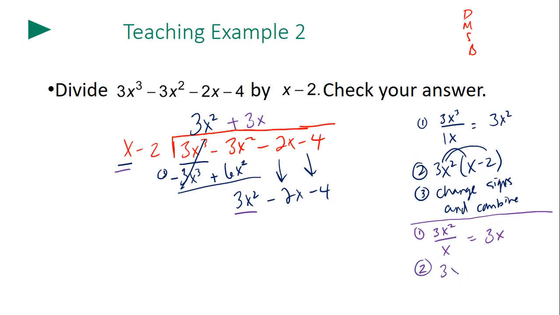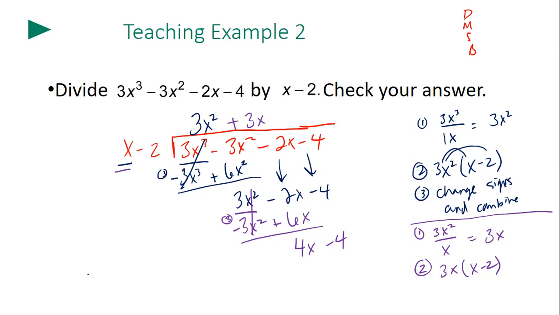So we have 3x times x minus 2, and the product is 3x squared minus 6x. Now we're at step 3, where we subtract, which means we change signs and combine. Negative 2x and 6x makes 4x.